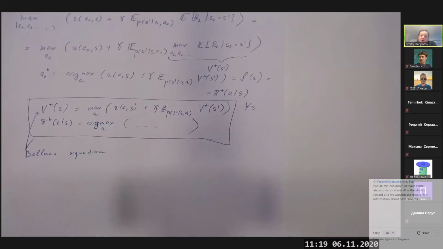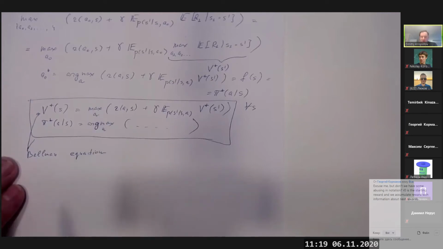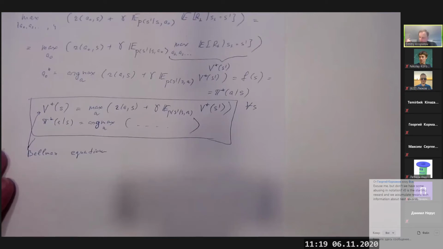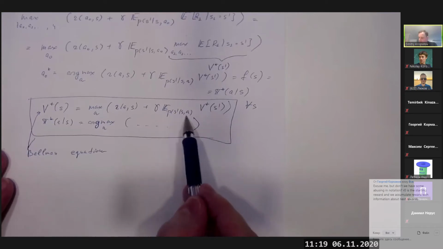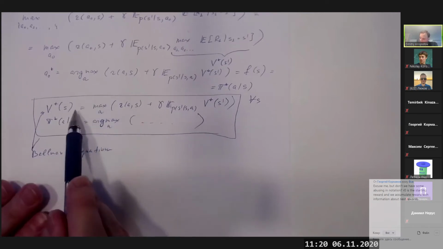And now we are going to learn this function in the most simple case, when we have a discrete set of actions and a discrete set of possible states. So we consider that this maximization is over a discrete set, and this expectation over S is a summation over all possible states, which is a reasonable number of states in our environment.